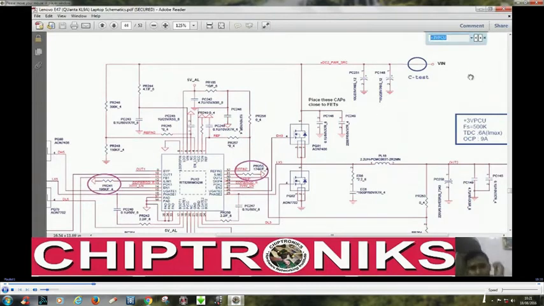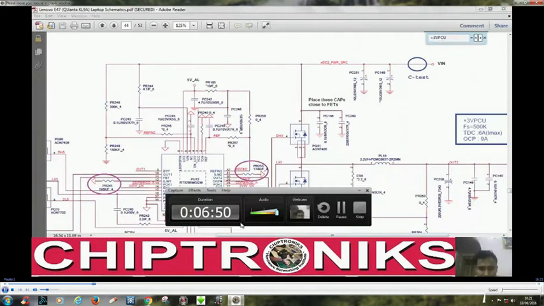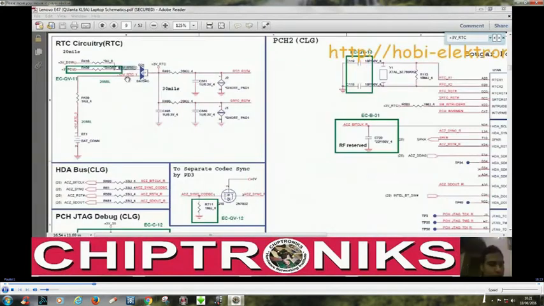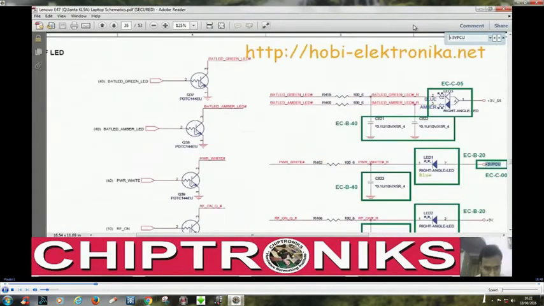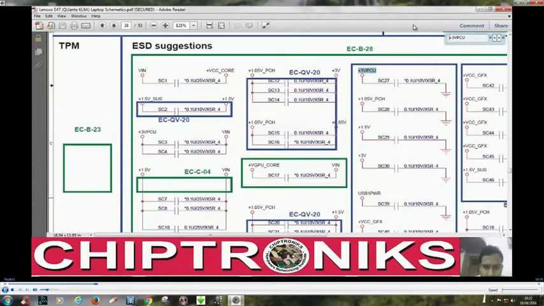This is the 3V 5V regulator IC. Now we'll see from where this +3V_PCU and +3V_DSW are coming. Of course it is coming from the 5V voltage regulator, but we'll search in the schematic.